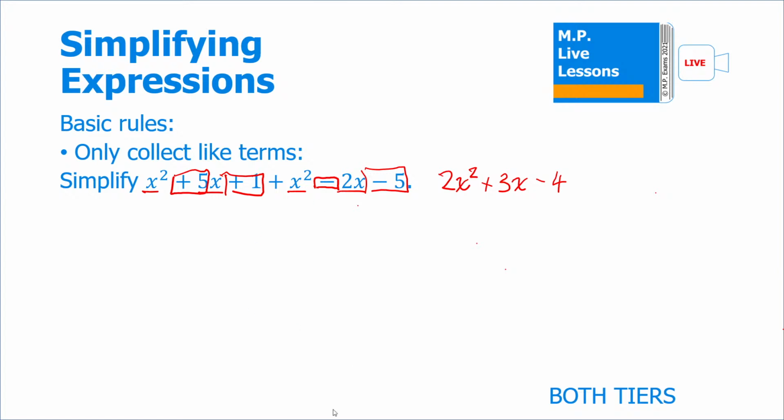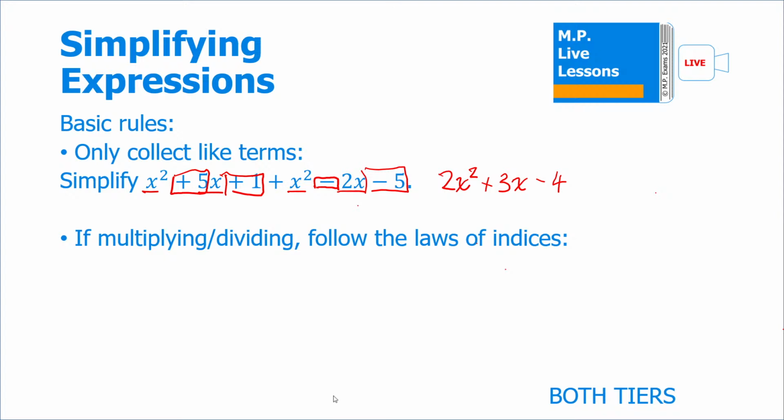And then next, for basic simplifying, if you're multiplying or dividing, don't forget to follow the laws of indices. For example, 2a squared times a times 5a. So we first deal with all our normal numbers. So that's like our 2 and our 5. So that 2 times 5 is 10. Then we have each of our a's together.